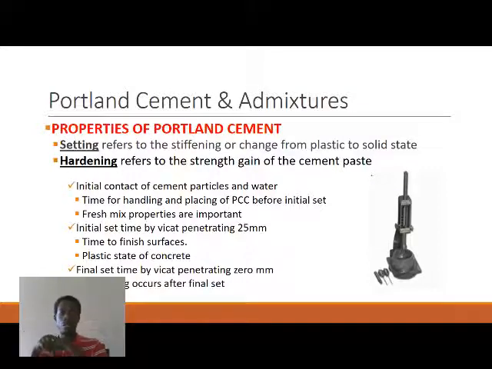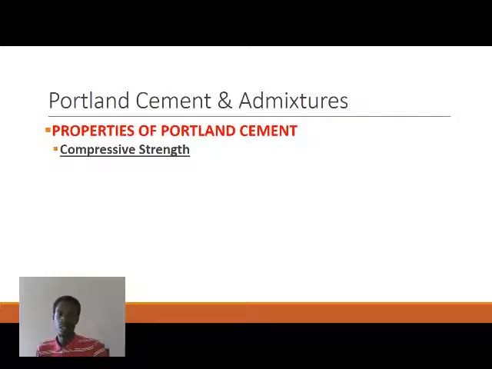At the time where it can no longer penetrate through, that's the final setting time. So the final setting time is taken as the point when the cement begins to gain strength, or when we talk about hardening. Setting is the process to hardening. If you really understand that, I think that should be very clear.